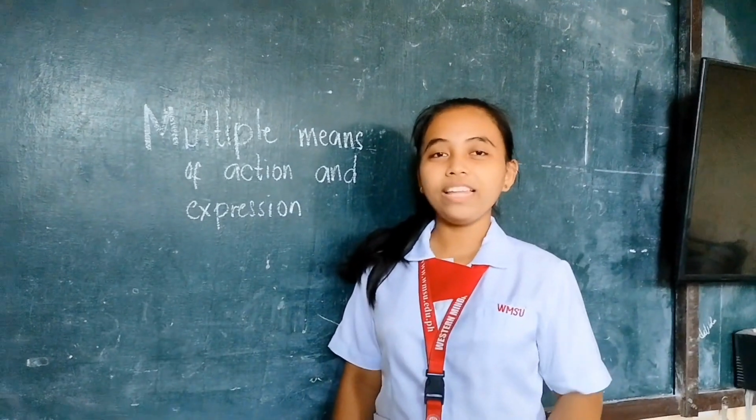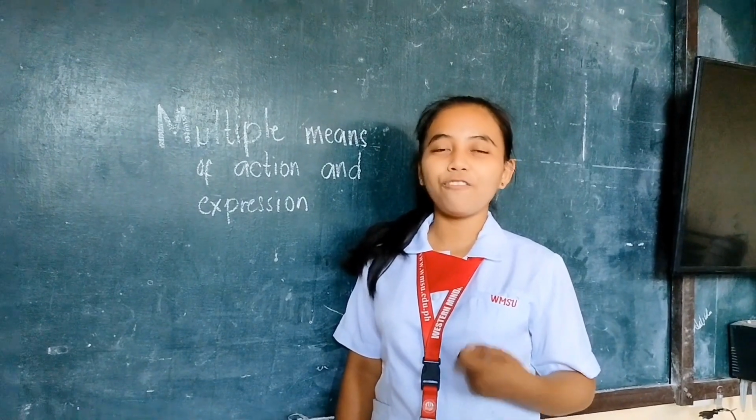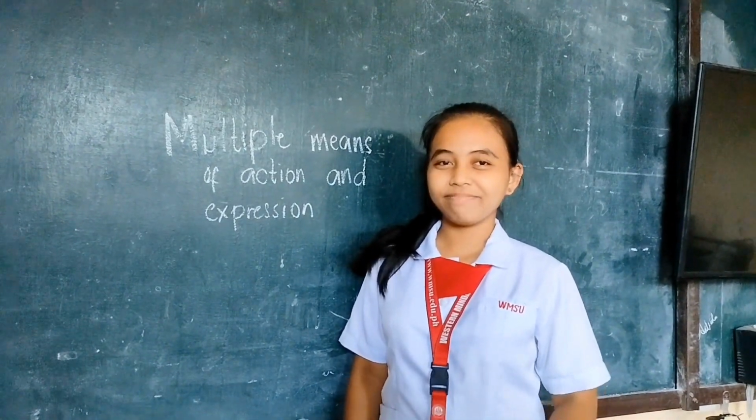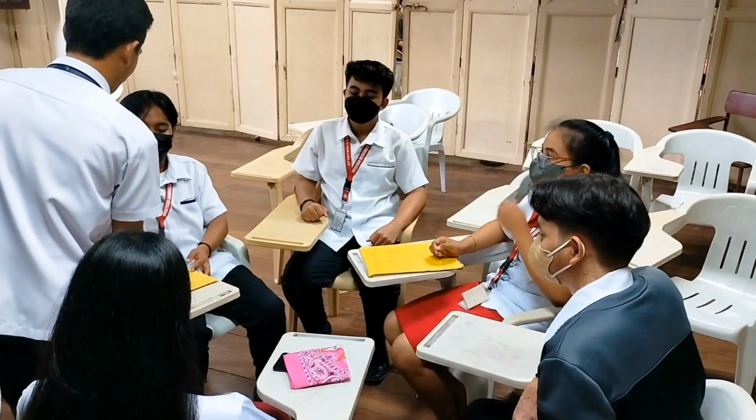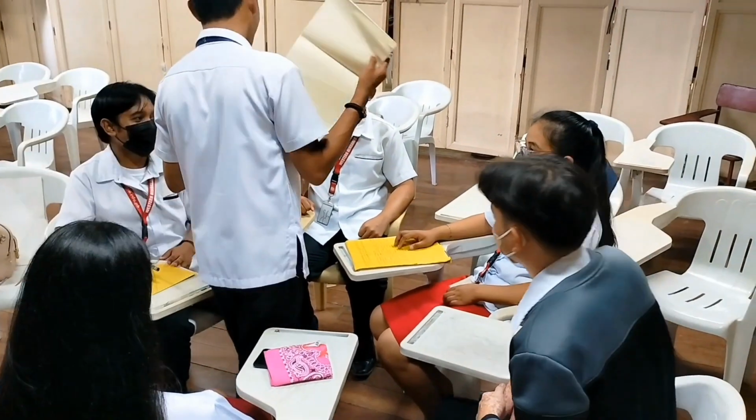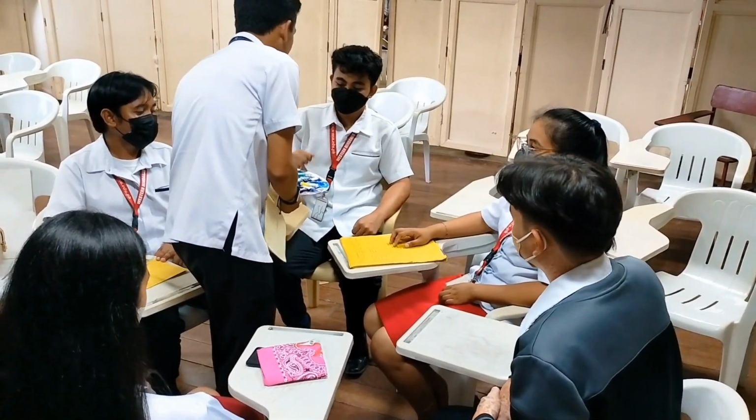The next one is the multiple means of action and expression. Universal design for learning suggests giving kids or individuals more than one way to interact with the material and to show what they have learned. Multiple means of action and expression includes the following questions.